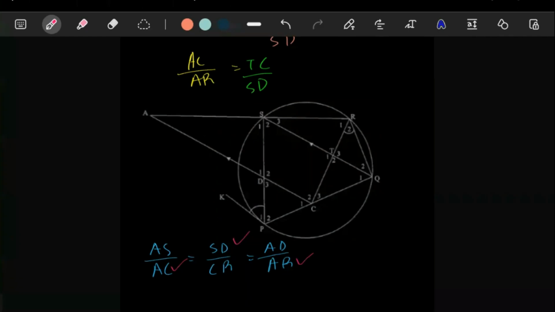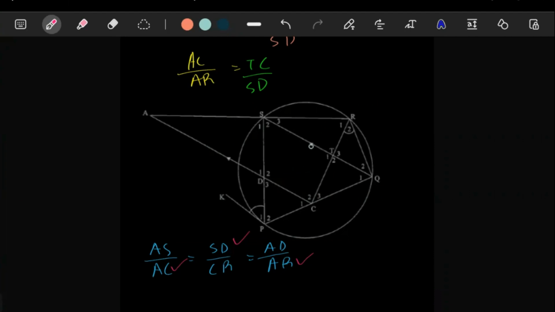But at the same time, you don't want to stay in the same place for too long, because if you do, that's when you start to miss it. We're at the end of the question, but we haven't yet made use of the fact that we have these parallel lines here.